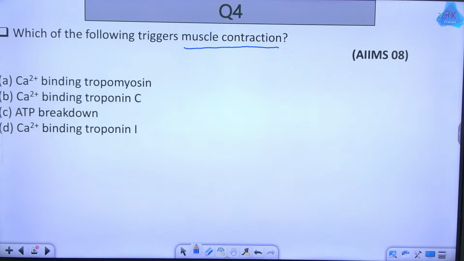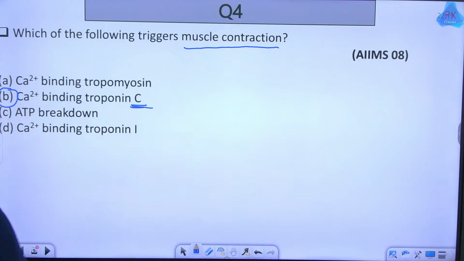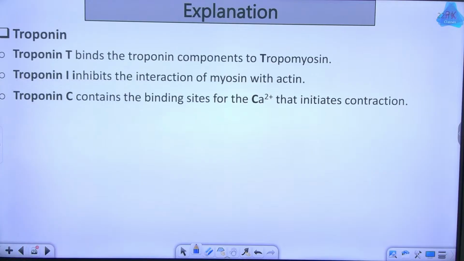Yeah, so we'll see. The calcium binding to the troponin C will trigger the muscle contraction.